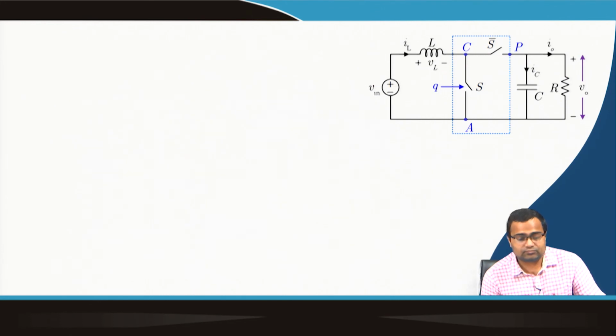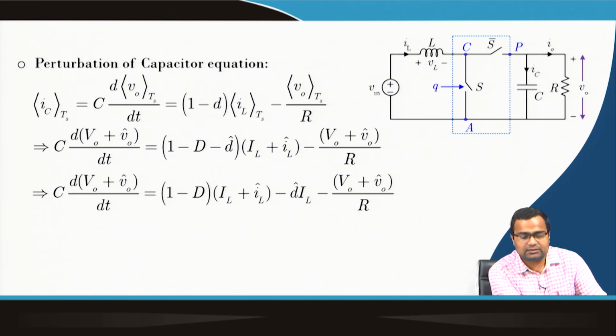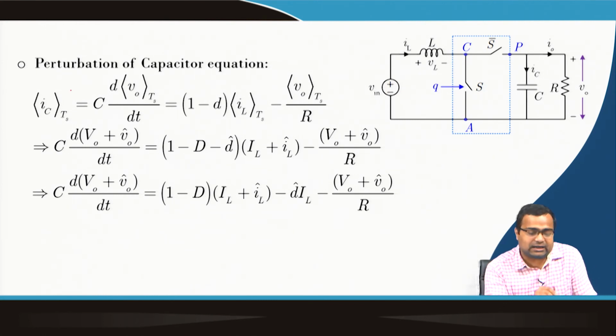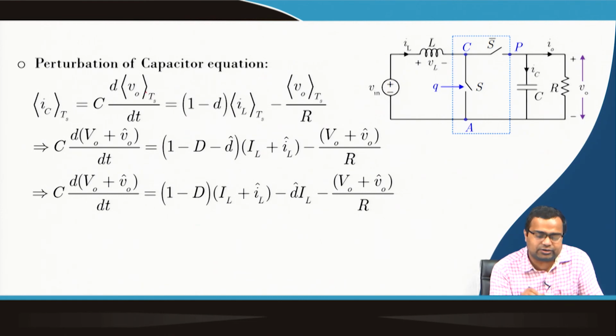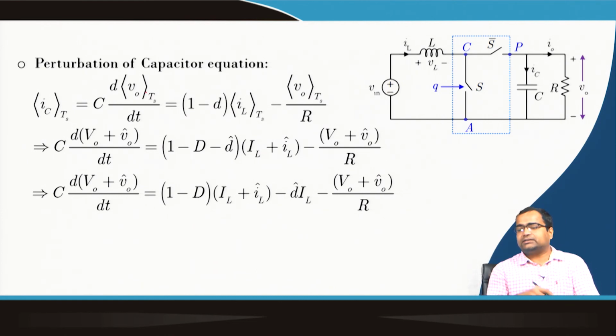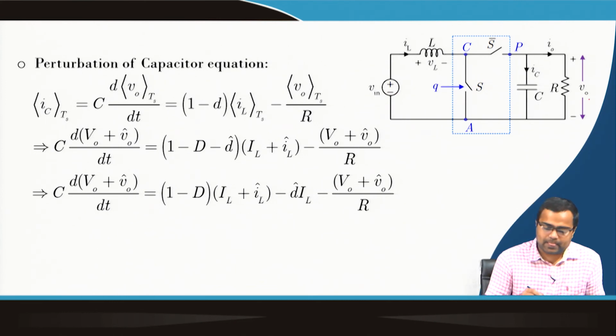Next, let us derive the capacitor current equation. The average capacitor current is C times dV_0/dt. Since the capacitor has no ESR, the capacitor voltage is the same as the output voltage. So, you can take the average voltage and its derivative.